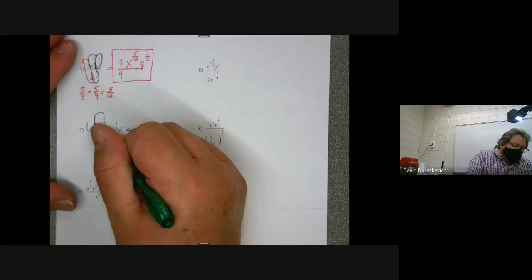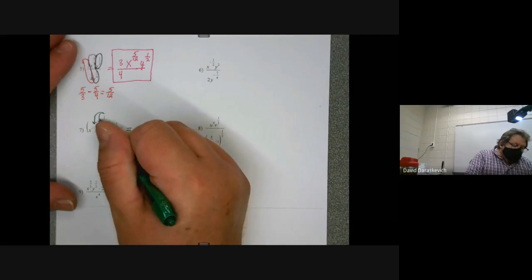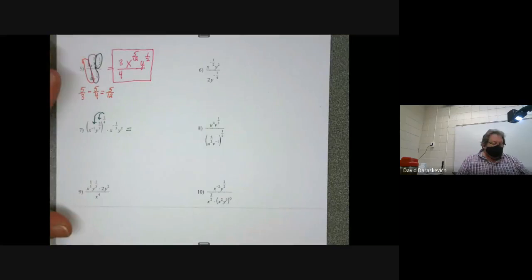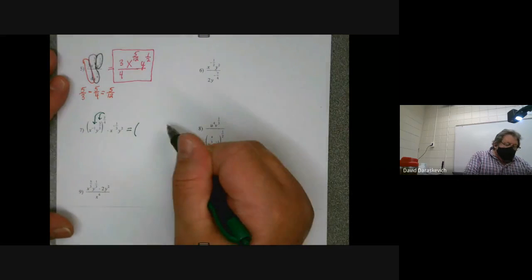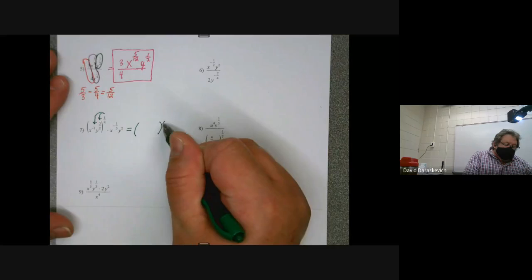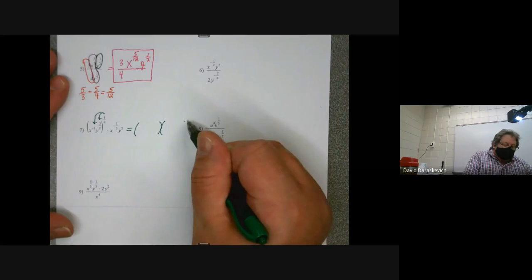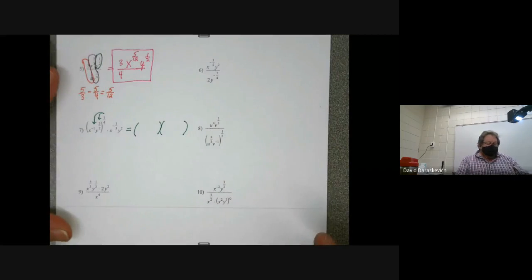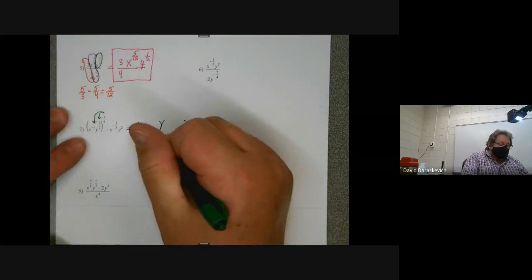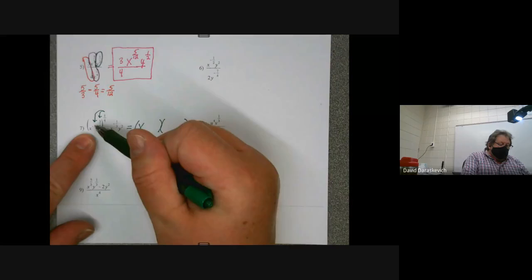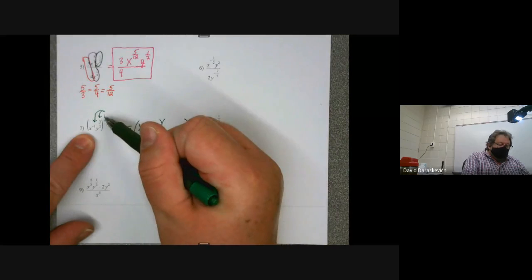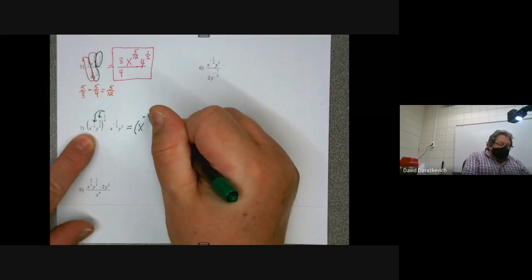I need to distribute that exponent to both of those exponents. And at the same time, I'm going to regroup these as my x's and my y's, just so it's easier to read. So my first x here, x to the -1 times 1/4 is -1/4.